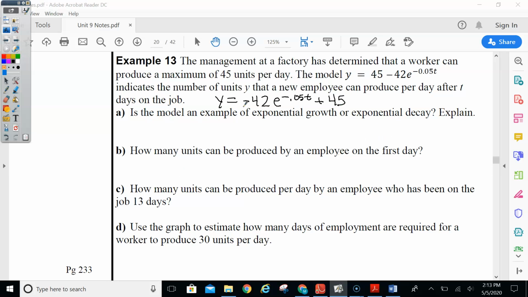Okay, so is it growth or decay? So first we look at the exponent here. Here the exponent is negative, so a negative exponent tells us that it's decay.